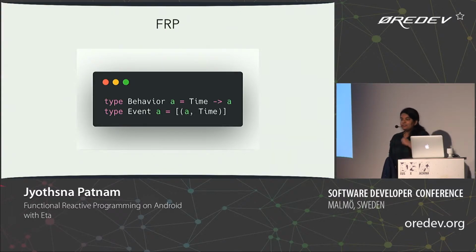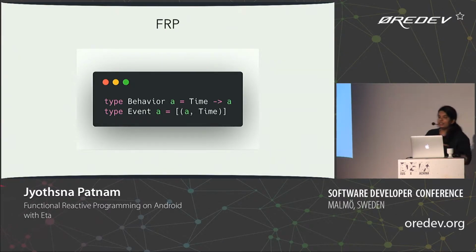They are streams of discrete values. On the other hand, behaviors are streams of continuous data. Behaviors can also be referred to as signals, which is used extensively in the library we are going to speak about in some time.